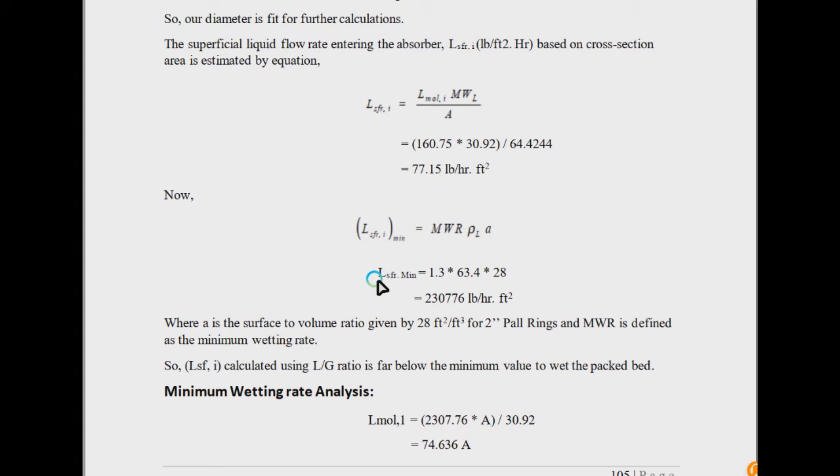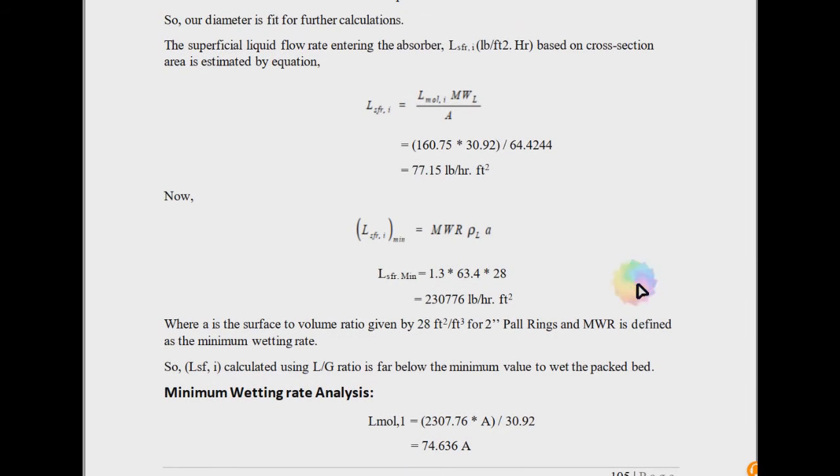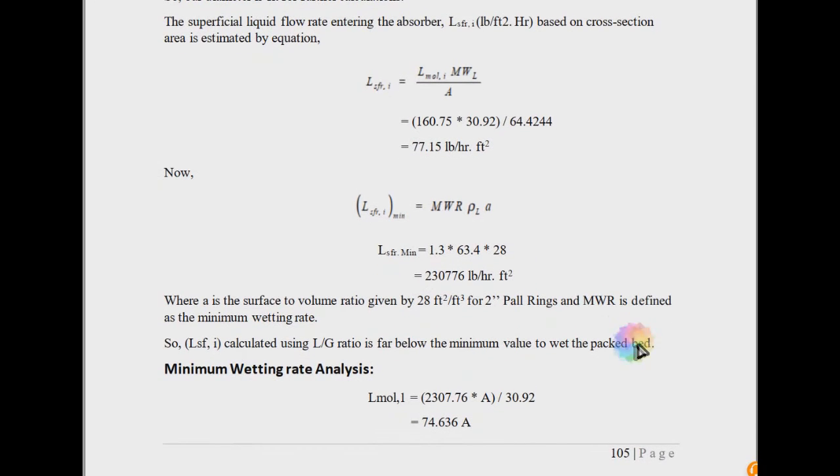To conclude simply, for example, if there is 10% dry packing in your column, you will require 10% more height. This is the simplest way I can give a reason. So a minimum wetting rate should be satisfied, which is based on this formula: MWR multiplied by rho L multiplied by area.